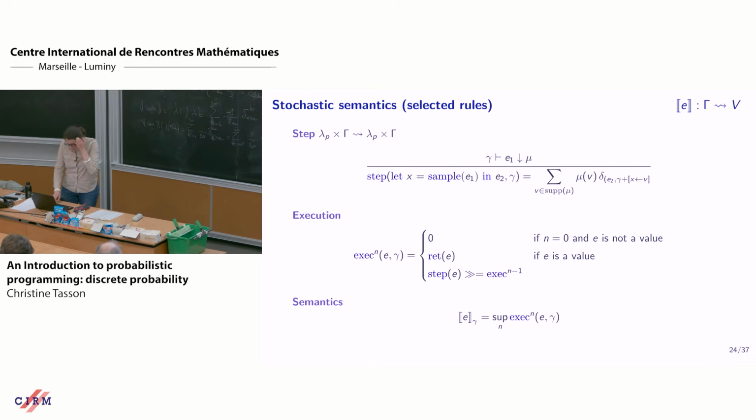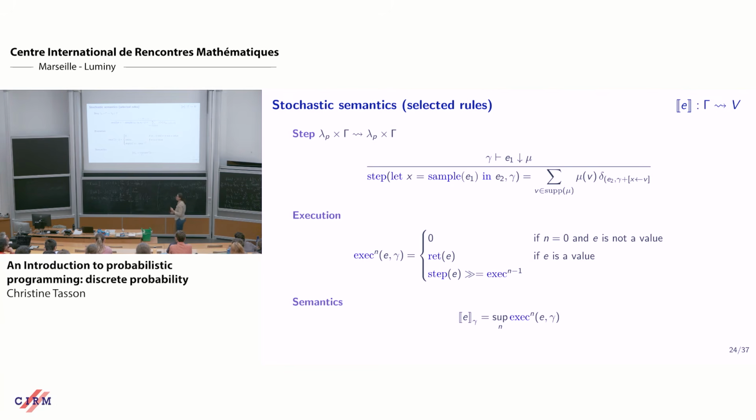Nearly the end. Okay, so now I have one step, but what I need is to perform any number of steps to get a probability distribution over values. I don't want to be stuck in the middle of my evaluation. So what I will do is I will repeatedly do the step. I start from an expression and an environment. I get a probability distribution over expression and environment.